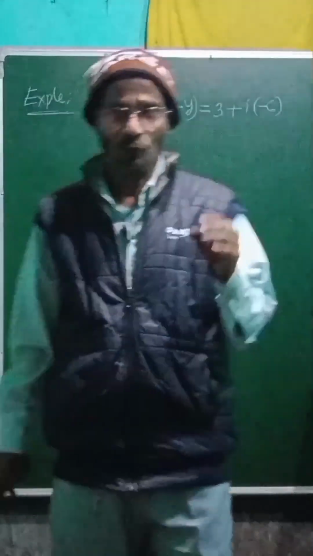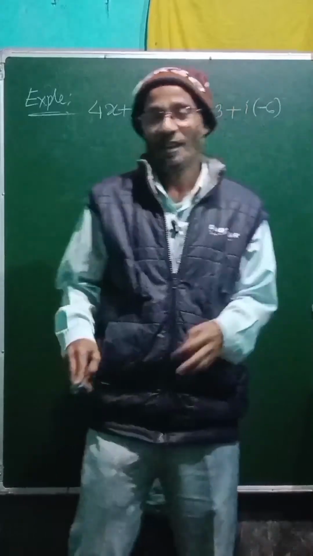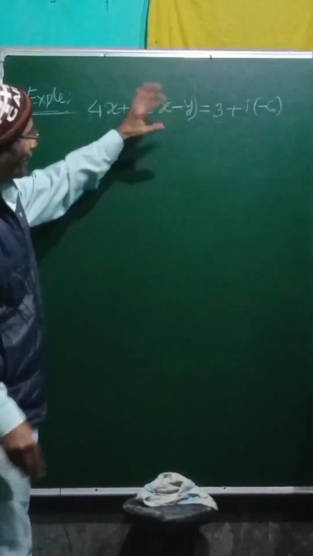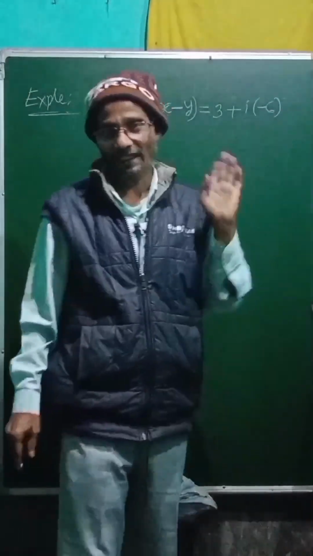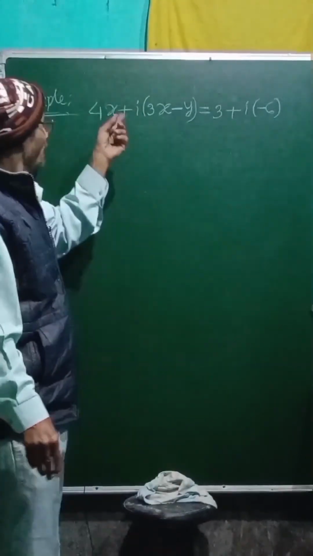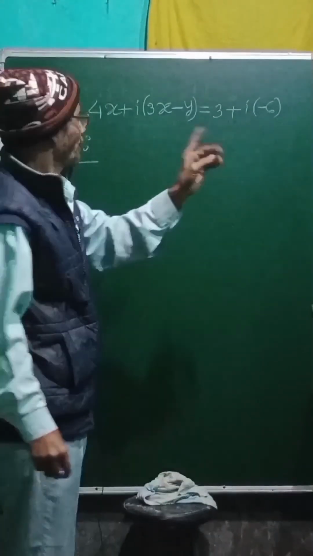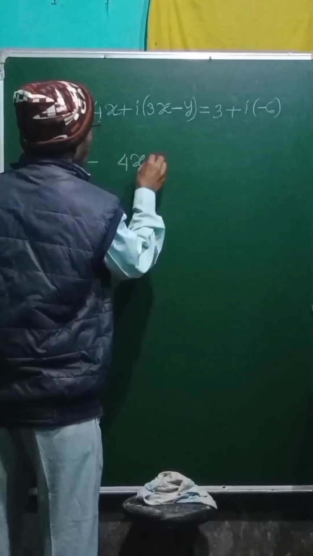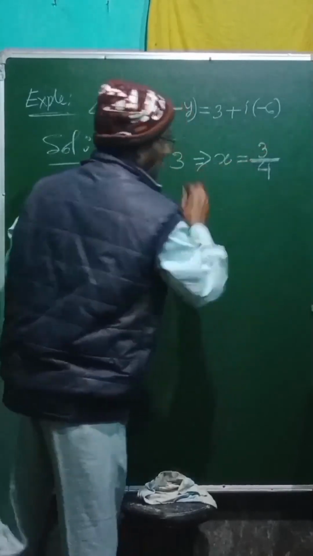Now let us solve one problem based on the equality of complex numbers. For example, you see the question: if 4x plus iota into 3x minus y equals 3 plus iota into minus 6, then find the values of x and y. Comparing the real part, 4x should be equal to 3, so x is equal to 3 by 4.